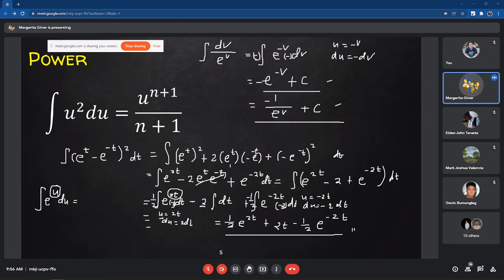We look at the exponent when it is exponential, and then you take the derivative of your u. Remember this formula: if the base is raised to u, most probably the value in the exponent will be the value of your u. Got it? So here, u is equal to 2t, based on the exponent of your exponential.